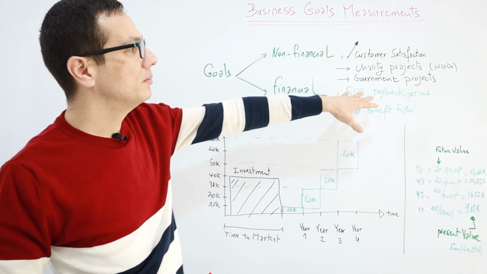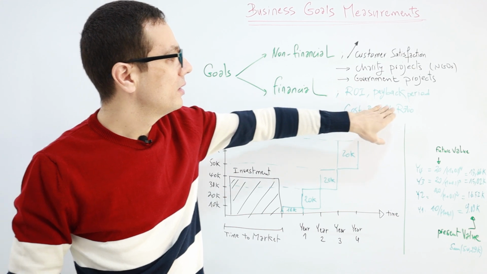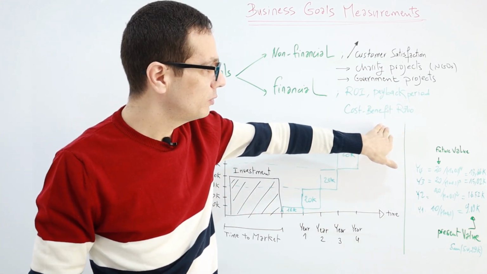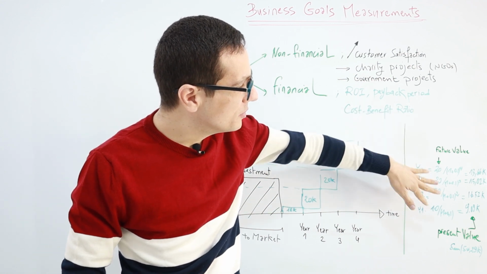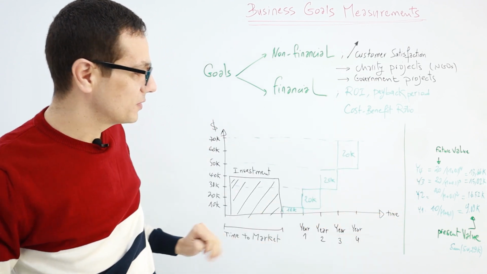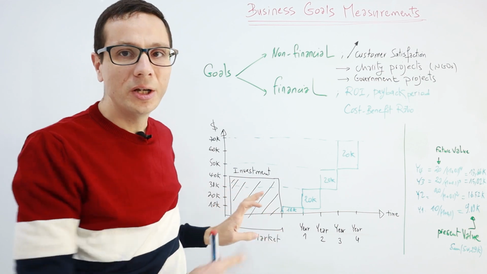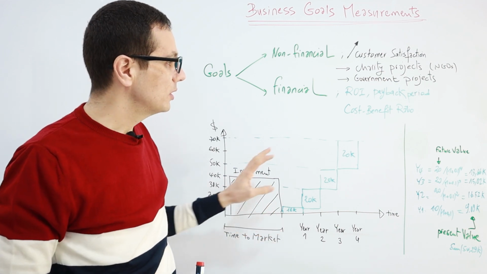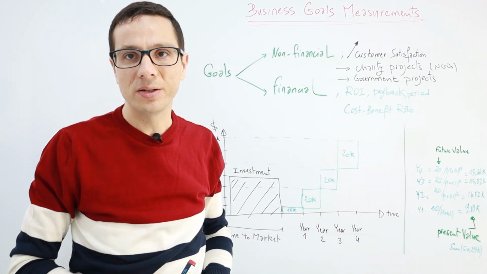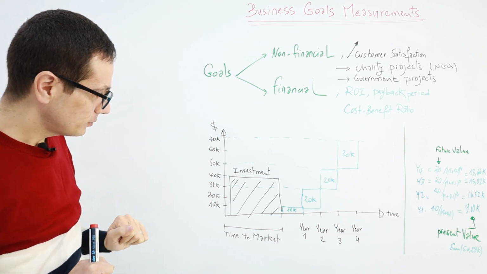We will see some measurements: return on investment, payback period, and cost-benefit ratio. We will also see the difference between future value and present value. We'll see all this kind of stuff. But first, I'm going to explain the situation in which we are going to apply all these measurements.